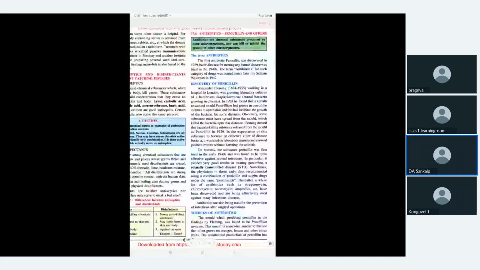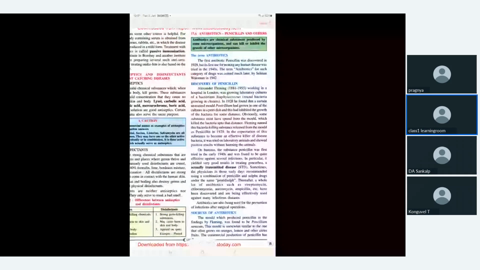Antibiotics were first discovered by Alexander Fleming. From which fungus did he produce it?